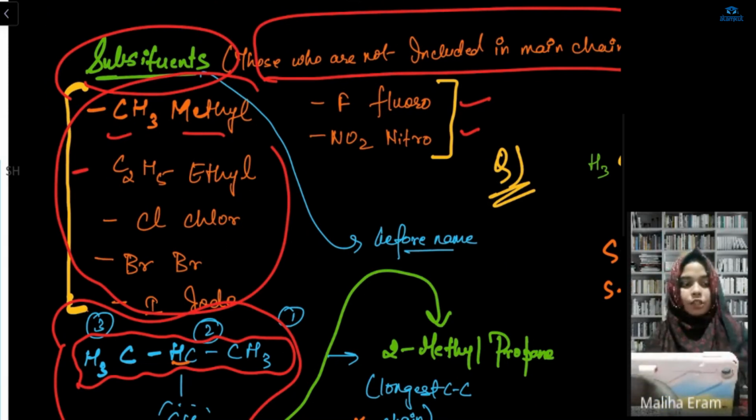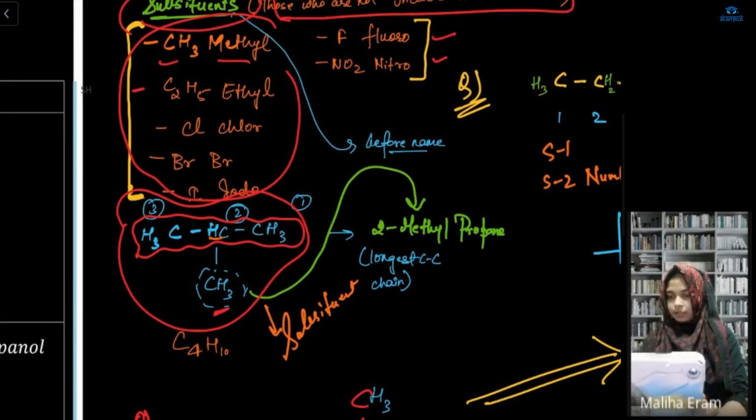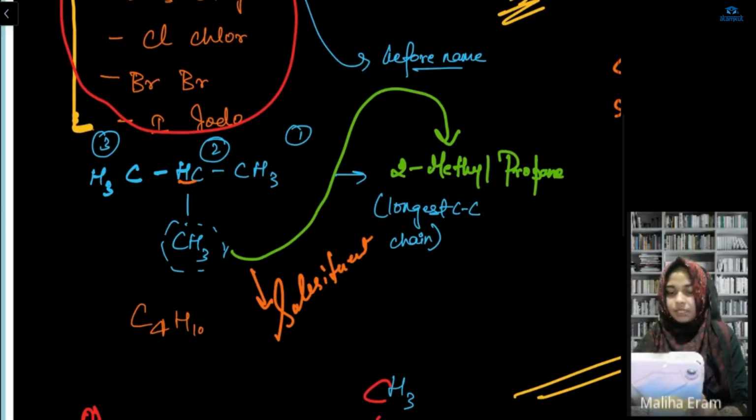So we will discuss this one. Let me erase this. Okay. Now, can you look at this? First, what we will do? The first step is to count how many carbons. So how many carbons? 3 carbons.